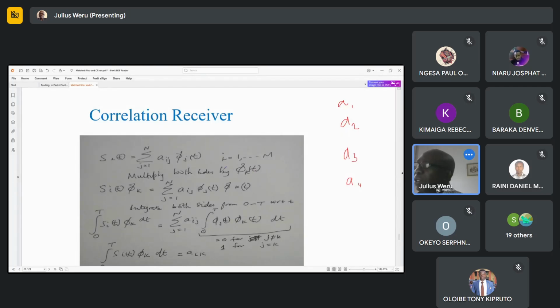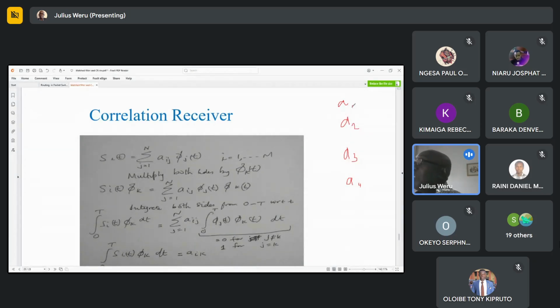What we mean by using i, j, and k is just different values of this. It does not mean that we have more variables. We could be talking of k as 1, so that is A1, and j as 2, so that's A2.